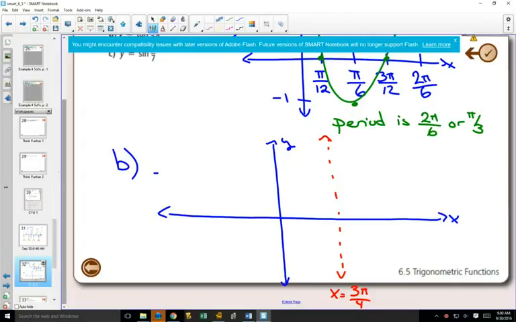And similarly, the one on this side will become negative 3 pi over 4. And if you took the asymptote that was here, which was at 3 pi over 2, and you multiplied that by 3 over 2, you're going to get 9 pi over 4.